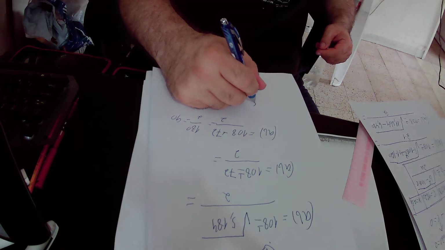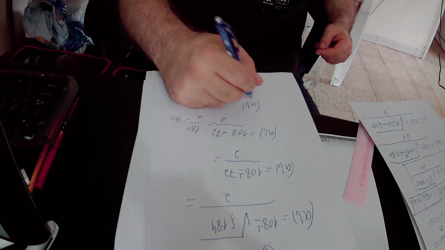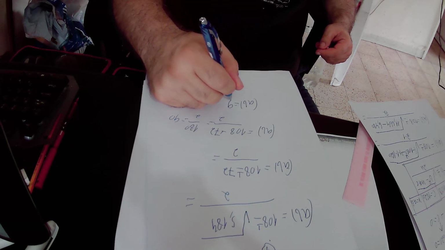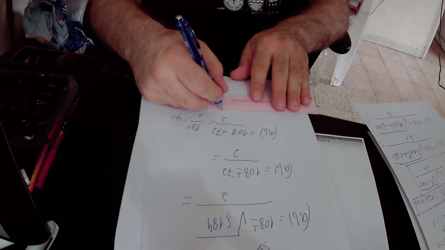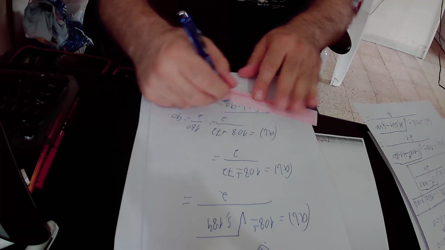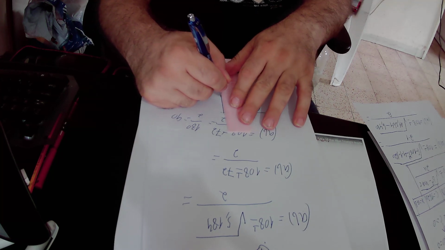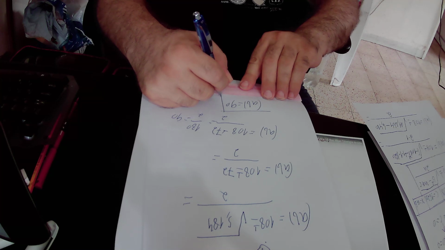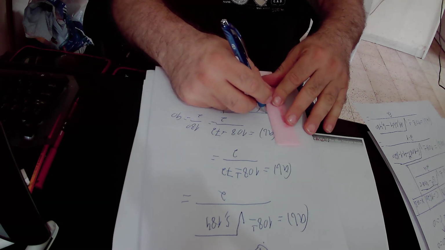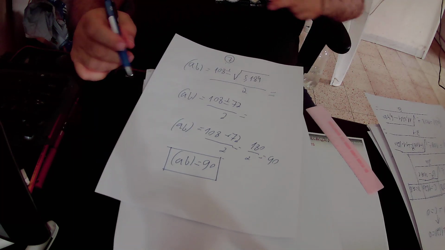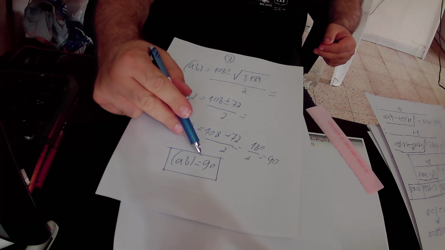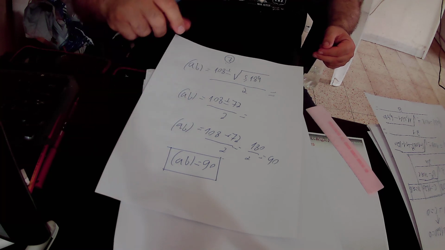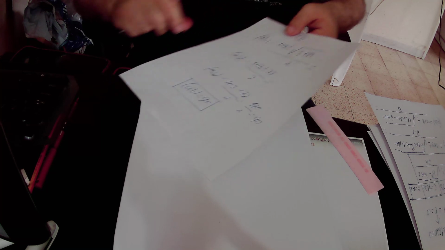So the first solution for AB is 90. That is to say, the area of the rectangle, that is A times B, equals 90 units.